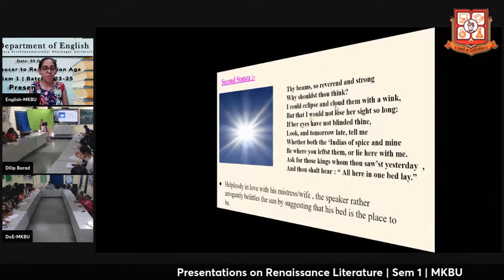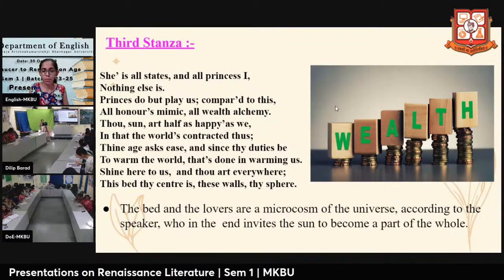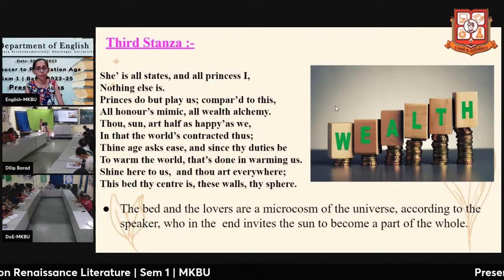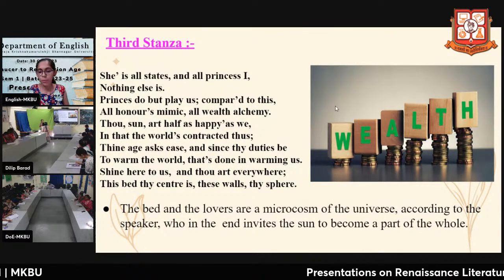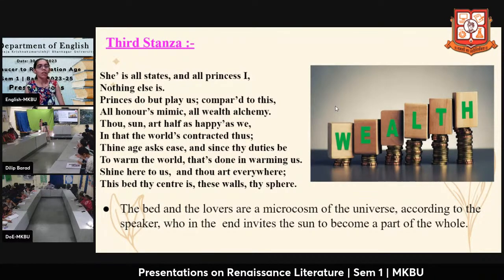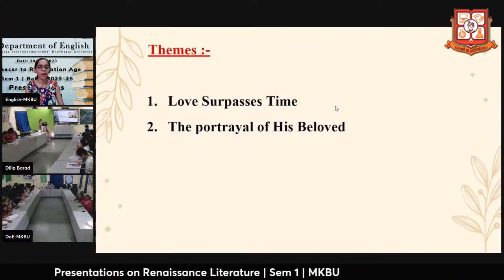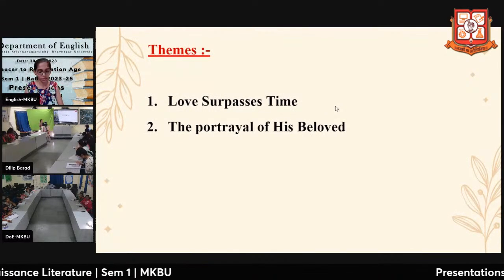Third stanza, the bed and the lovers are a microcosm of the universe, according to the speaker, who in the end invites the sun to become a part of the whole. The poem's themes are love that surpasses time, and second, the portrayal of his beloved.